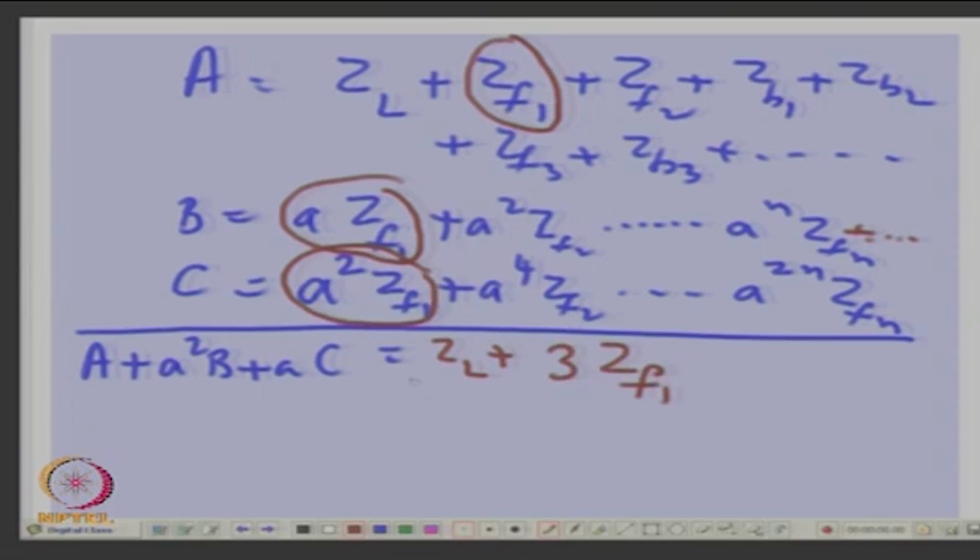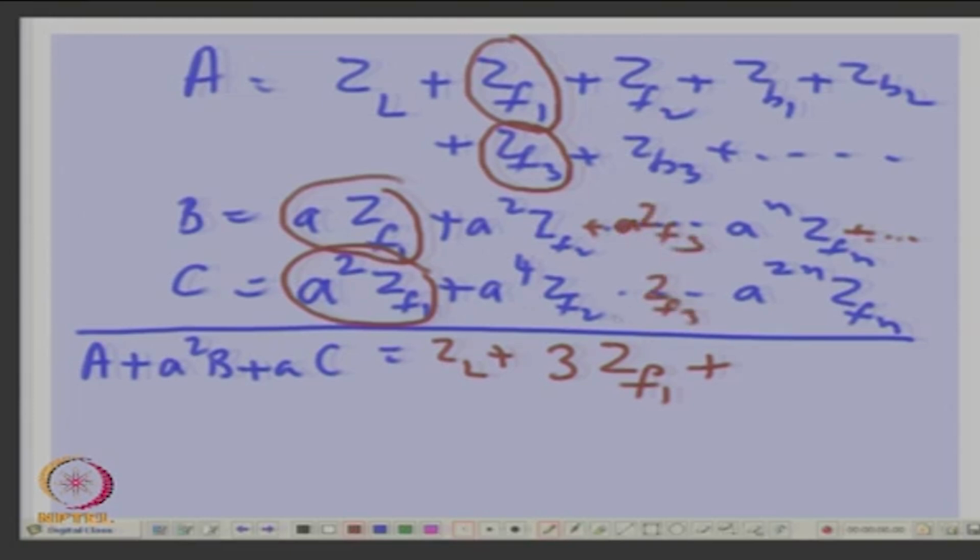Now what will be ZF2? Will it be there or will it not be there? No. Now I think for a simple thing you can neglect the even harmonics, go to the odd harmonics. Okay, let me see ZF3. ZF3 will not be there, no. If you say ZF3, this will also be ZF3.